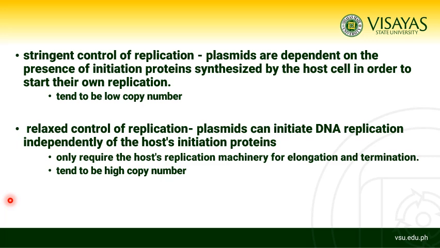It only requires the replication machinery, which is always there, for elongation and termination. So as long as the machinery for DNA replication is there, it can start its replication process. And this results in a high copy number, or it can replicate to a higher number.